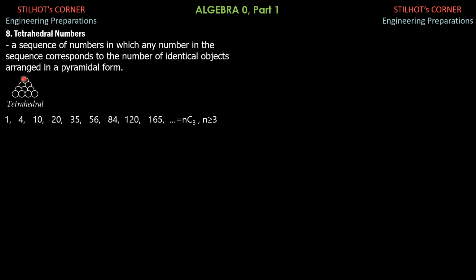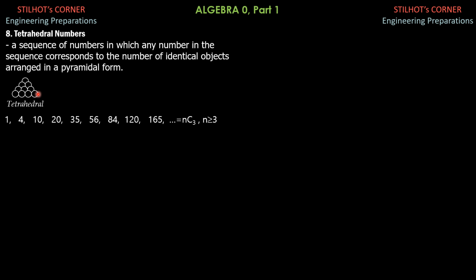So that's why we have 1, the first tetrahedral number, over 3. There are 3 identical objects in the next layer, and 3 is a triangular number. So that's why 1 plus 3 is 4. Next is 6, so 4 plus 6 is 10. And 6 over 10.